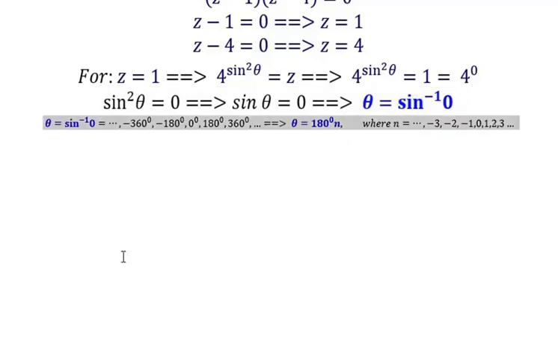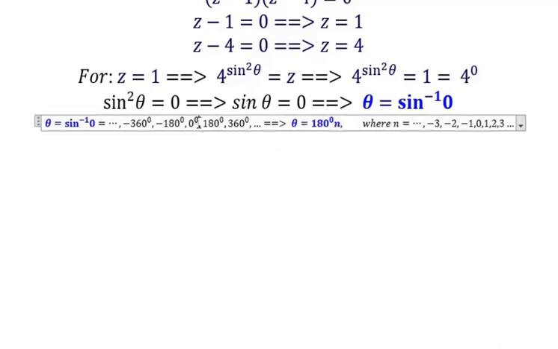And this, as we know, theta equals sine inverse of 0 is equal to 0 degrees, 180 degrees, 360, minus 180, minus 360. It is all the coterminals of 0 and 180.